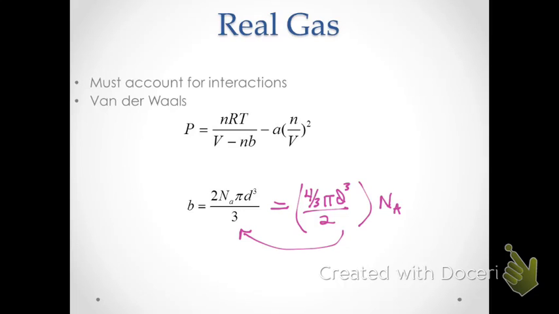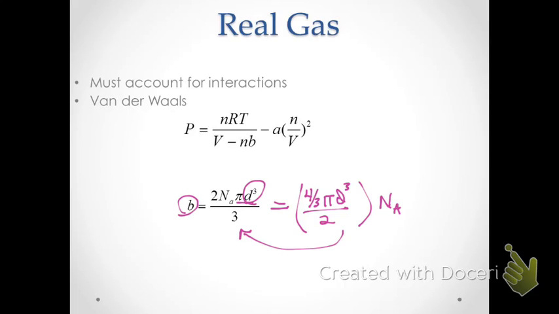So this B value here is equal to 2 times Avogadro's number times pi d cubed. D, again, is the diameter of a single particle. So if we go into the lab and collect pressure, volume, temperature data for a gas, we can use that data to determine the excluded volume B, and from that determine the actual diameter of the particles in the gas itself. Again, this assumes that the particles are spheres with a diameter d.